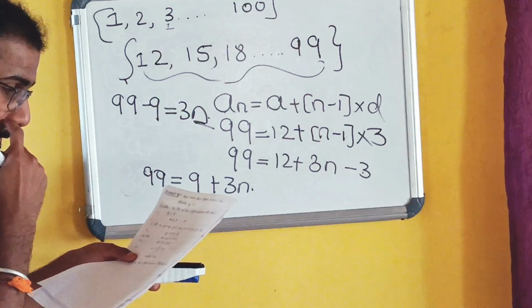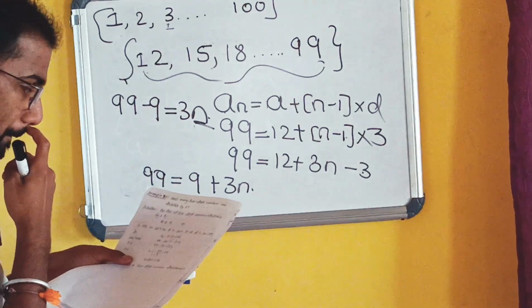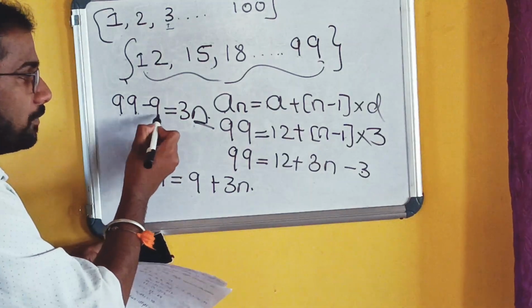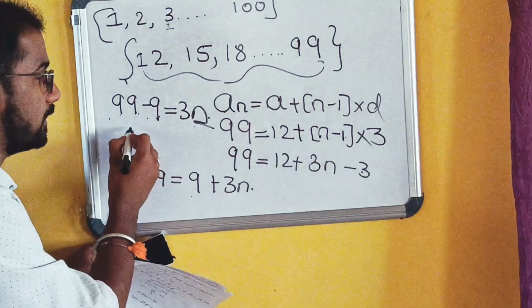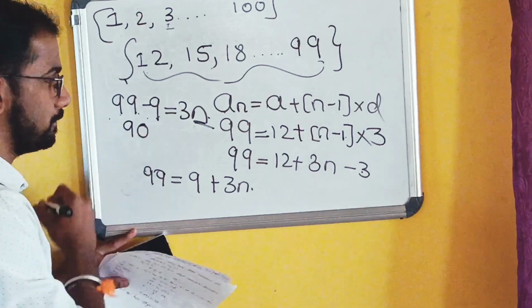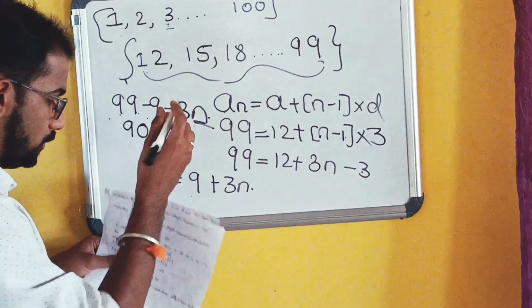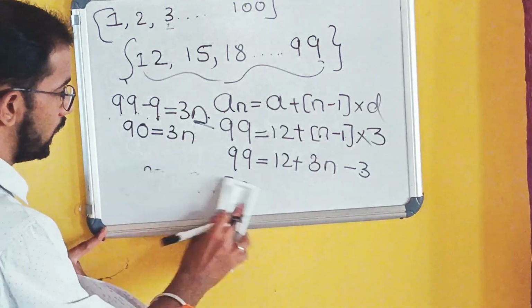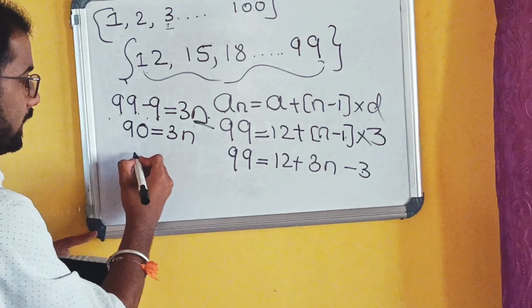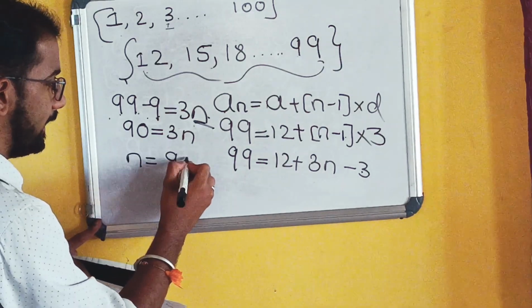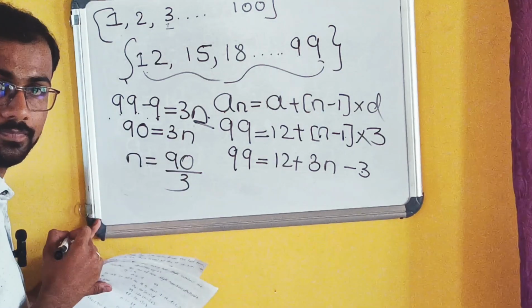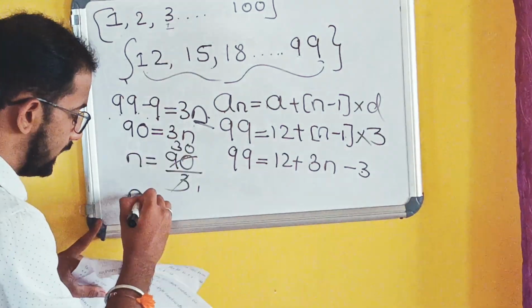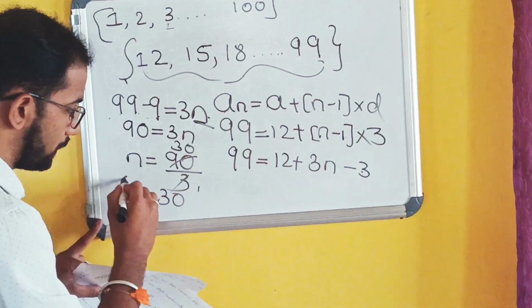Now, 99 minus 9 is 90, equal to 3n. Here n is 90 divided by 3. 3 threes are 9, so n equals 30.